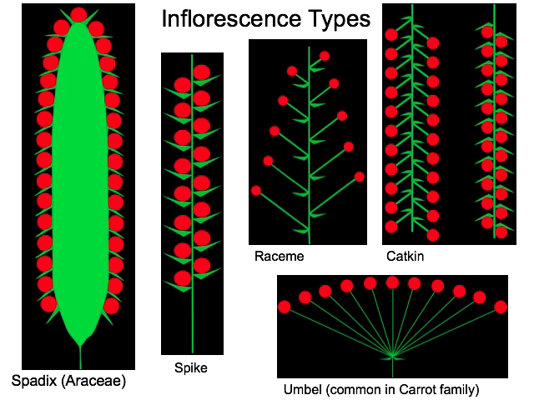A spike and a raceme are very similar. It's all about if there is a pedicel or not. The catkin is a hanging inflorescence, often used in wind pollination. And the umbel is unique because all of those pedicels are subdivided from one single point, and these umbels are very common in members of the carrot family.